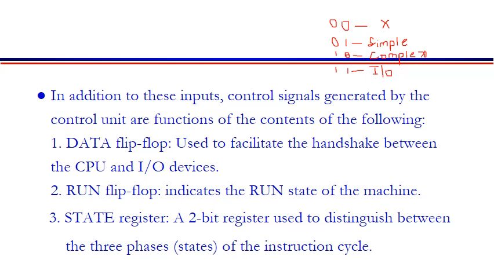If there is a simple memory transfer, the status will be 0 1, that is, data is being moved or copied from one memory to the other memory. This is the simple register transfer, and in this case the contents of the state register will be 0 1.